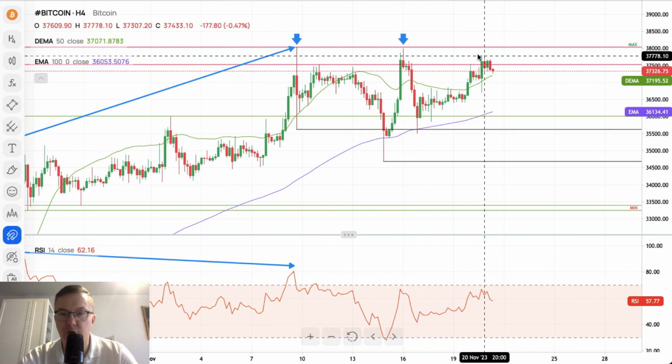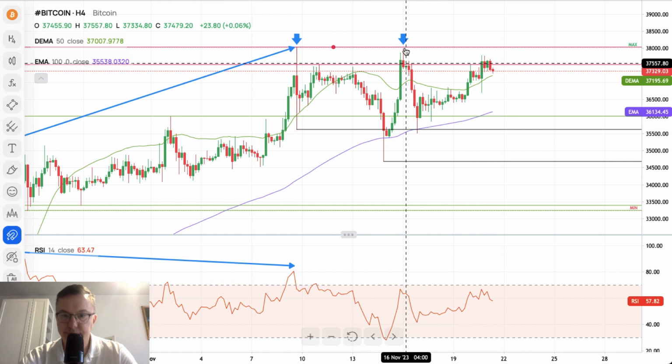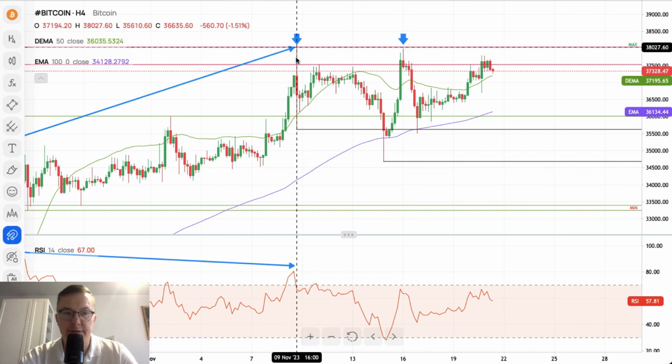Now we are hovering just below this level, roughly less than $300 from the highs.